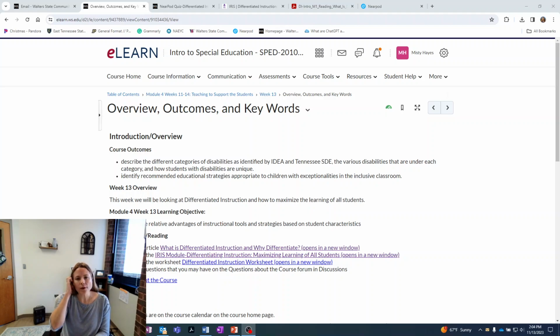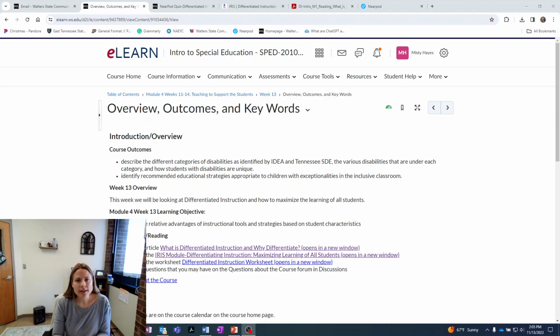So we are going to be looking at how you can support students in the classroom, specifically through what we call differentiated instruction. With differentiated instruction, it really looks at how you can maximize the learning of all students. Because we talked about how each classroom has a unique set of learners, and so it's your job to support those learners.